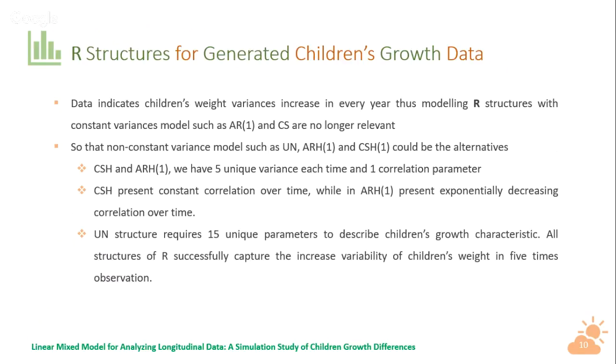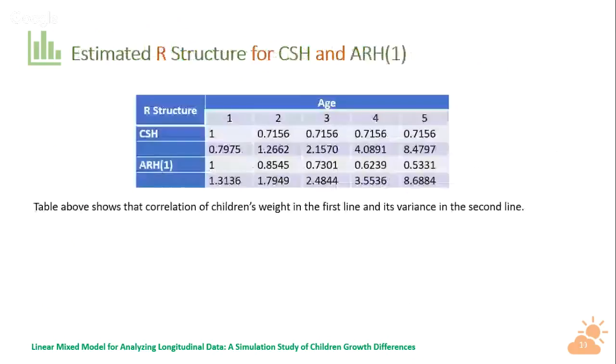This is the result: the estimated R structure from the heterogeneous compound symmetry and heterogeneous first order autoregressive. In the first line, it shows the correlation of each group from the first year until the fifth year. And in the second line, we have the variance-covariance values from the children's growth weight.